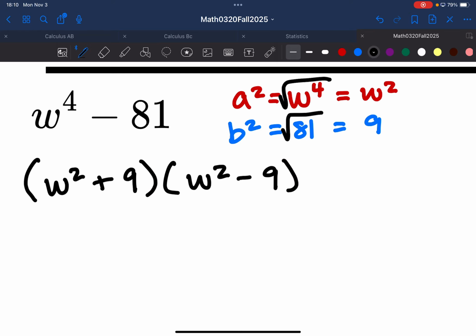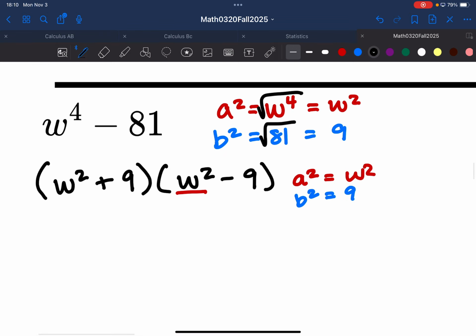Yes, so if I'm doing this one I would say a squared is equal to W squared, and b squared is equal to 9. And then I take the square root of each, which means that a is equal W and b is equal to 3.